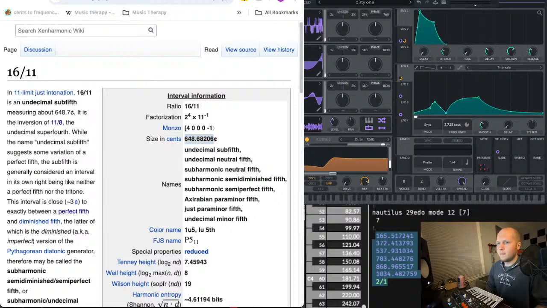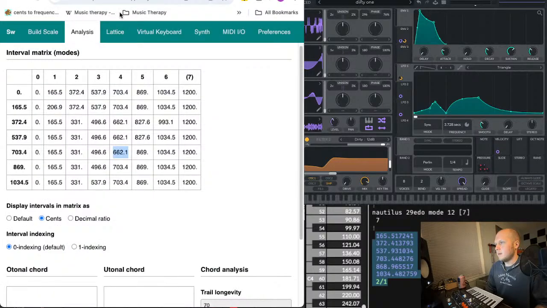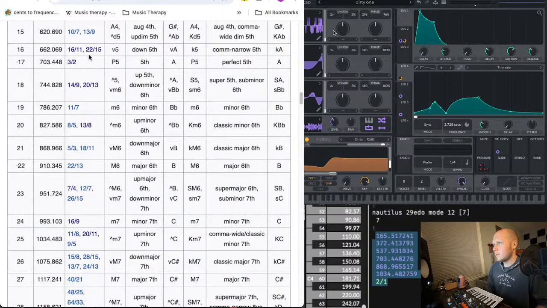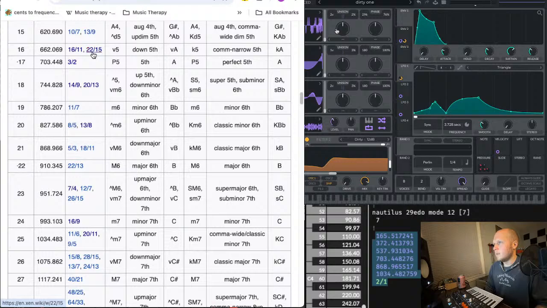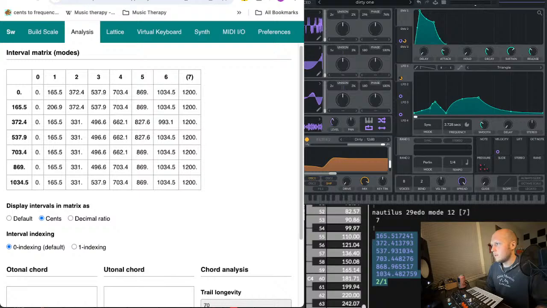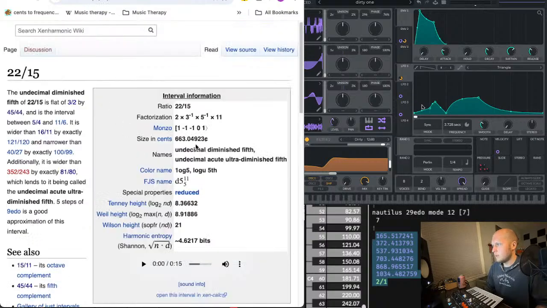So this is a little sharp of that. So we'll see what the other interval is, see if it's closer. It's another 11 limit. 663. Oh, that's really close. 662? This is 663. This is extremely close.